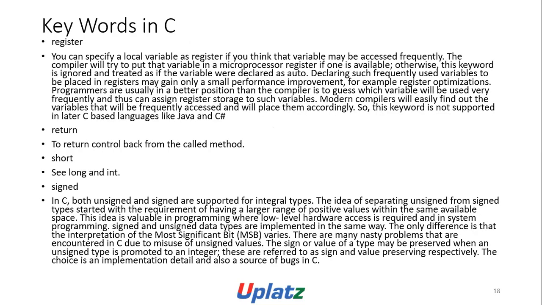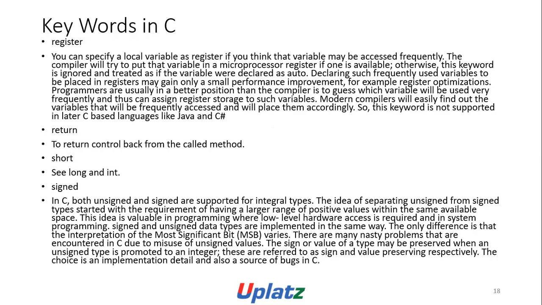register: you can specify a local variable as a register if you think that variable may be accessed frequently. The compiler will try to put that variable in a microprocessor register if one is available. Otherwise, this keyword is ignored and treated as if the variable were declared as auto. Declaring such frequently used variables as register may gain only a small performance improvement.